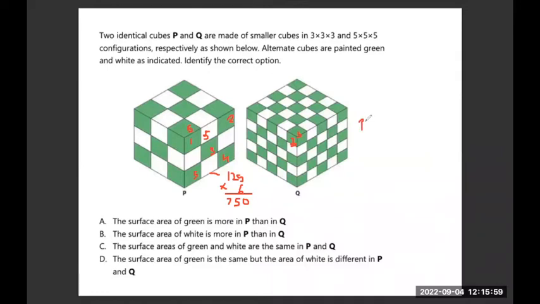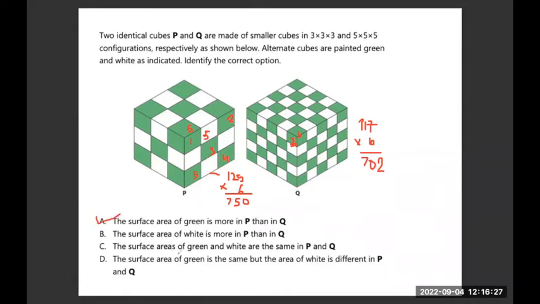So 117 is the surface area of one face. That multiplied by 6, because there are 6 faces in the cube, yields 702. So 750 and 702, which naturally makes option A correct: the surface area of green is more in P compared to that of Q.